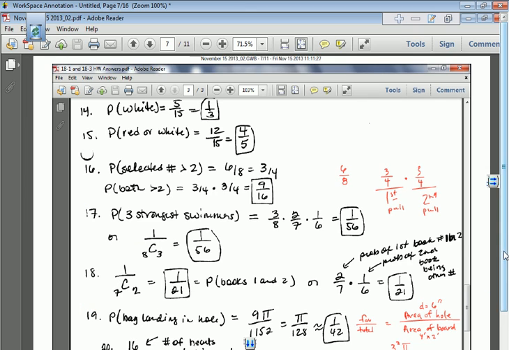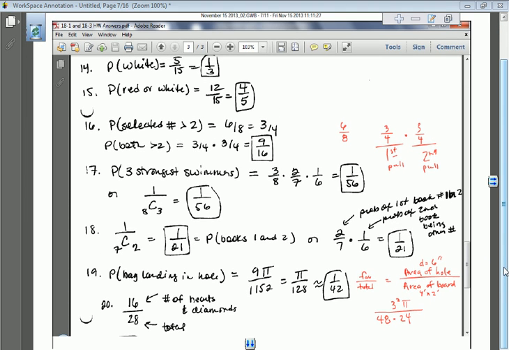All right, let's keep going. Here's 14 through 20.